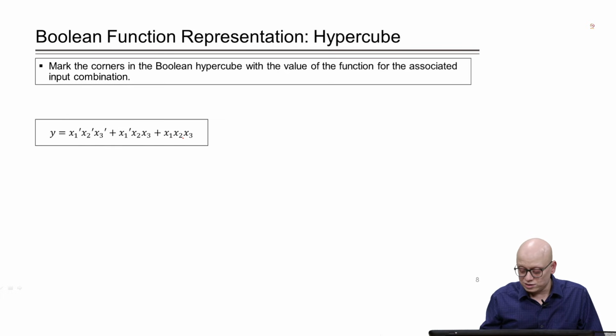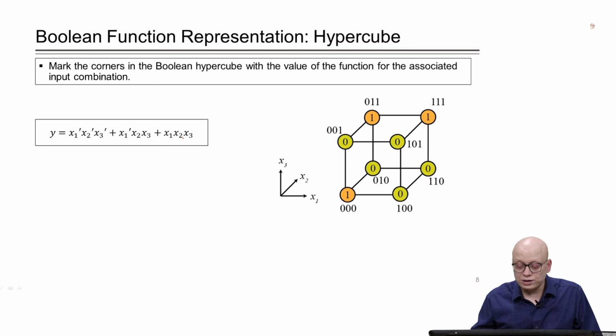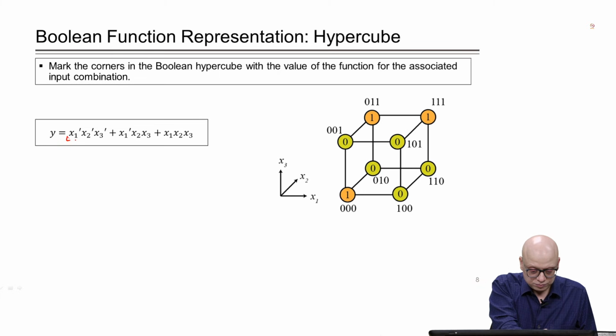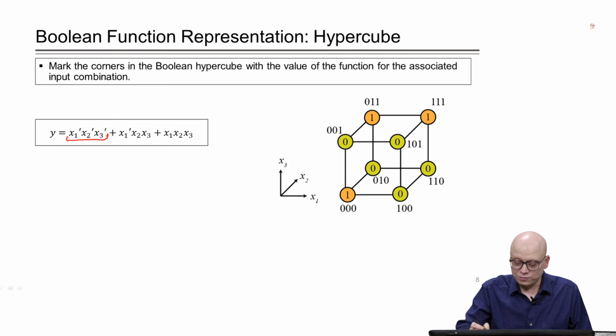So, there are 3 minterms, and if we draw the representation of this Boolean function in the hypercube notation, then for this minterm we write 1.